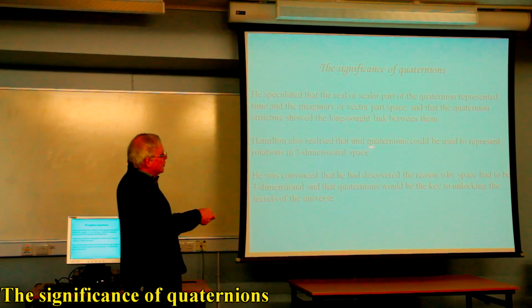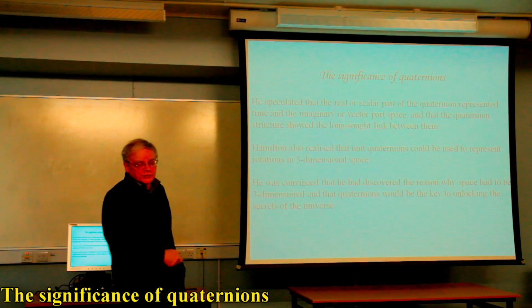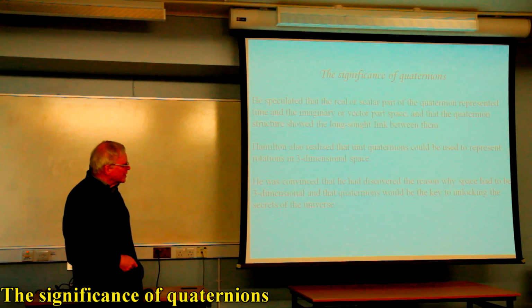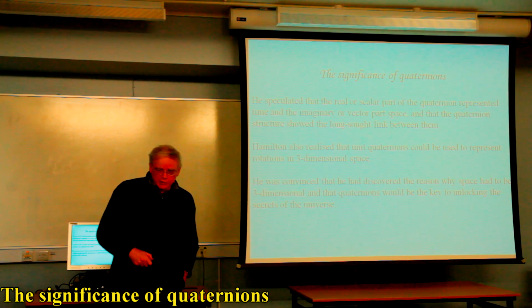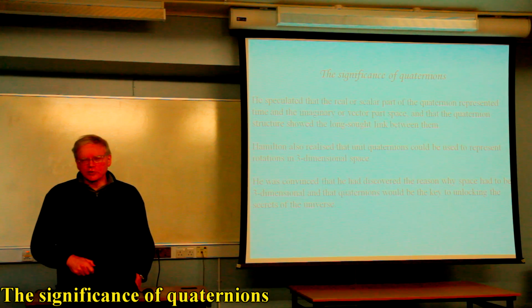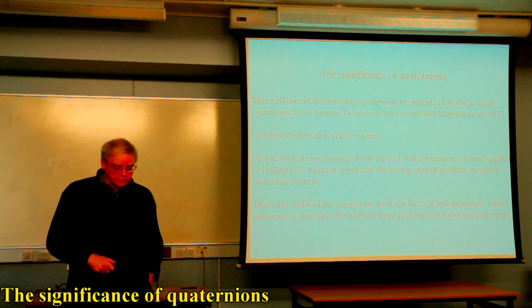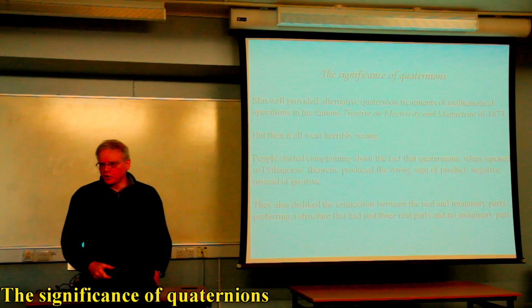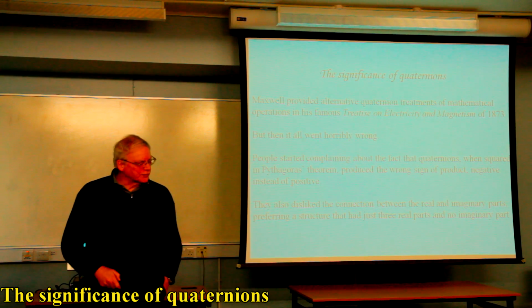He also realised that unit quaternions could be used to represent rotations in three-dimensional space. And he was completely convinced that he discovered why space really was three-dimensional, and that he discovered a key to unlocking the universe. Maxwell was interested in this. He was persuaded by Tait, Hamilton's friend and colleague.